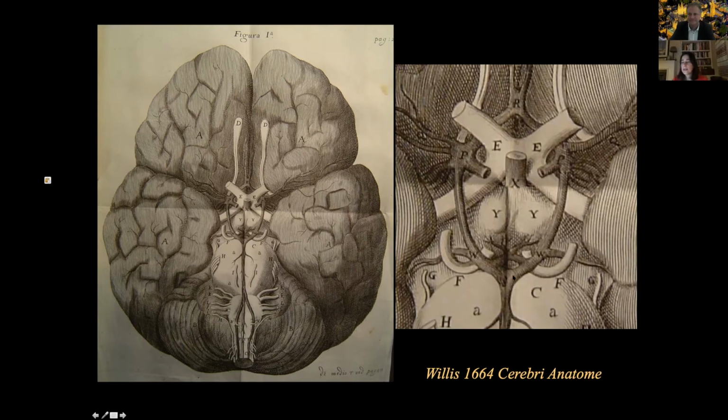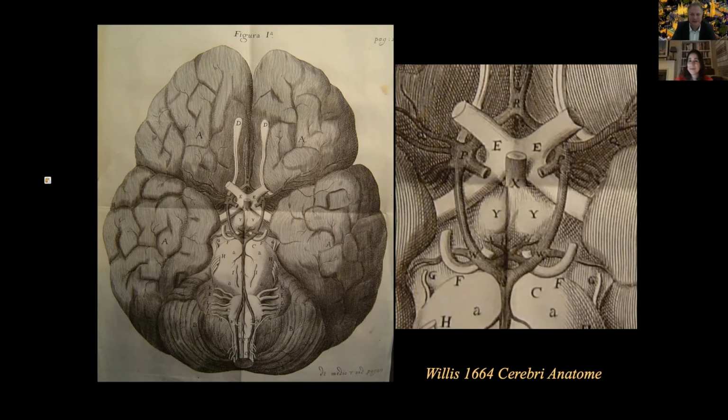The circle is completed by the posterior communicating arteries that link the internal carotid arteries to the posterior cerebral arteries. You could have a complete circle of Willis, as you see here on both the left and right figures. But the reality is that anatomical variations are very common, and the ring we see in both pictures is very often incomplete, which is the beauty of anatomy: how special and different we are from person to person.